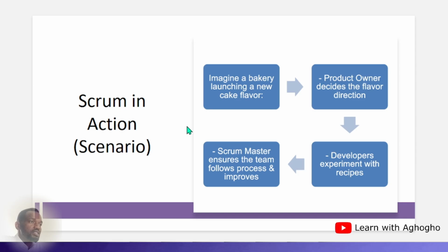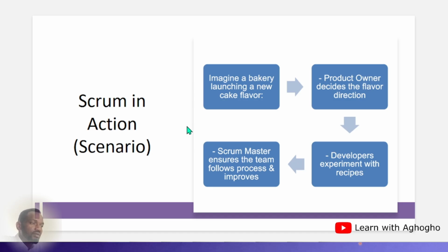In this case, the product owner decides the flavor direction when he or she has come up with the user stories. Then the developers experiment with the recipes.